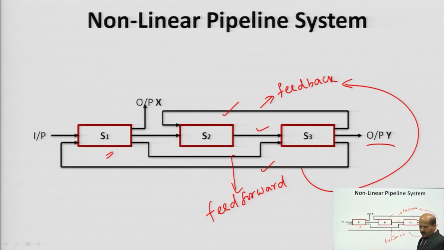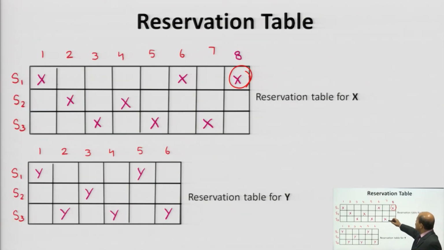Now, you can see from S3 we are directly jumping to S1 and we stop here. So, this reservation table stands for X type of instruction. Likewise, we can also draw the reservation table for Y type of instruction. So, these two examples we can consider to understand the non-linear type of pipeline system.